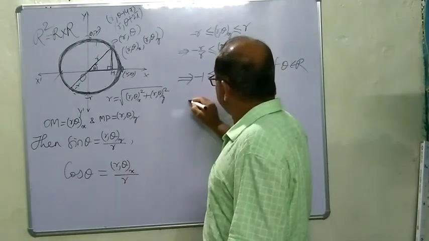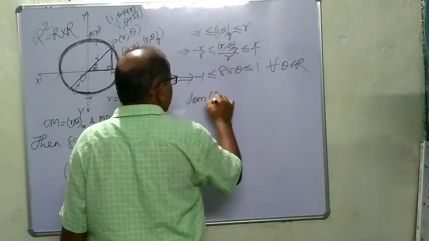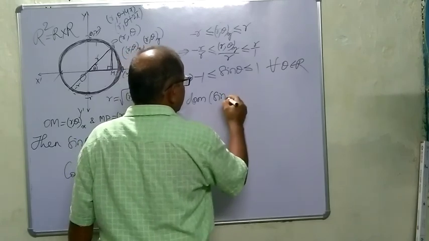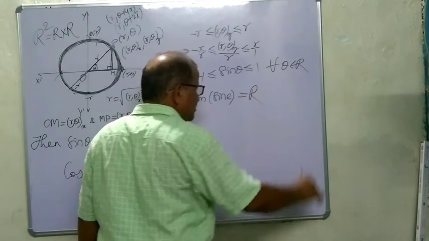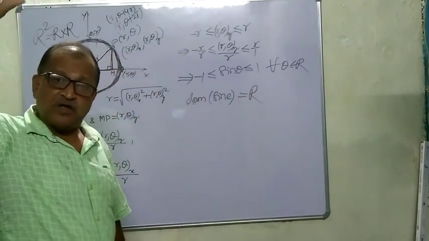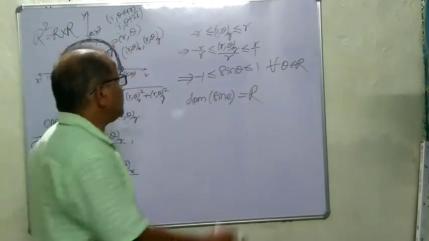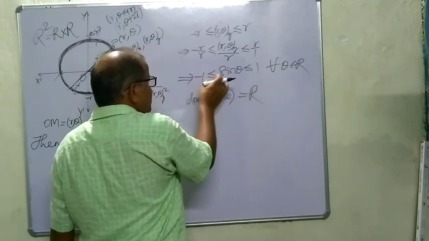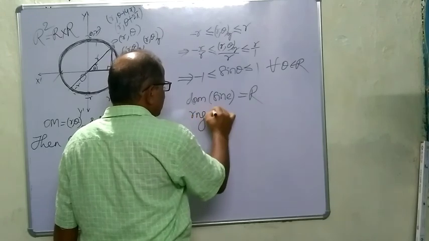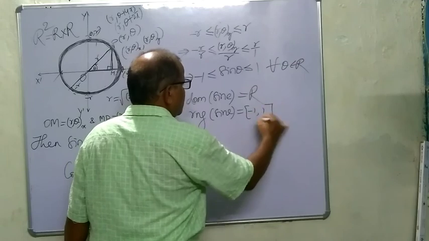So the domain of the sine function is R, the whole set of real numbers, because theta varies in R. For every value of theta, you are getting the value of sine theta. Its value lies between minus 1 and 1, so the range of the sine function will be from minus 1 to 1.